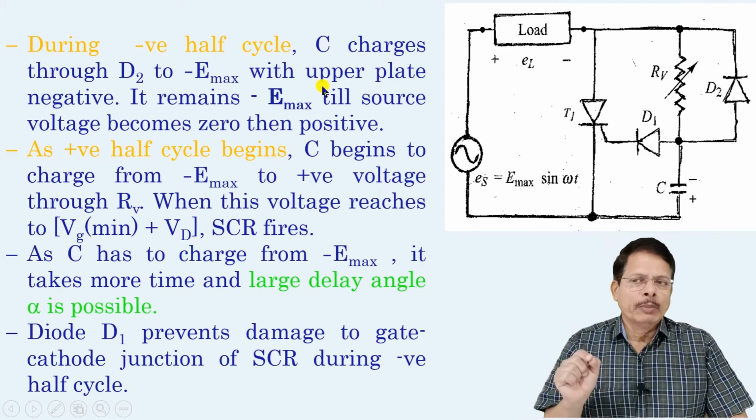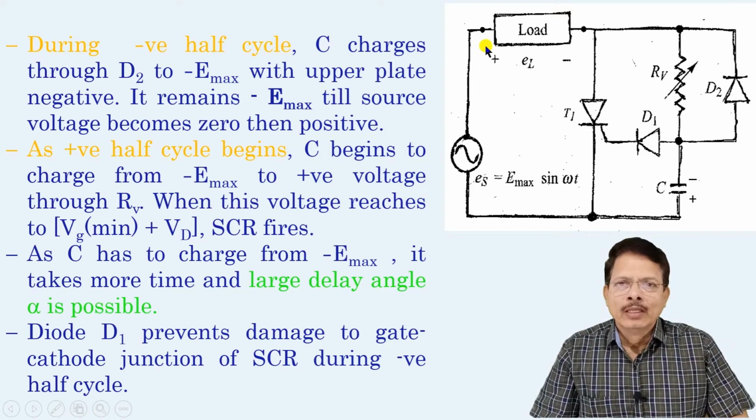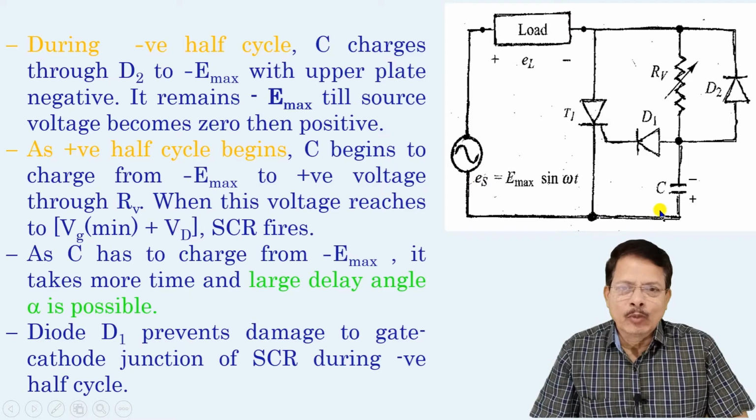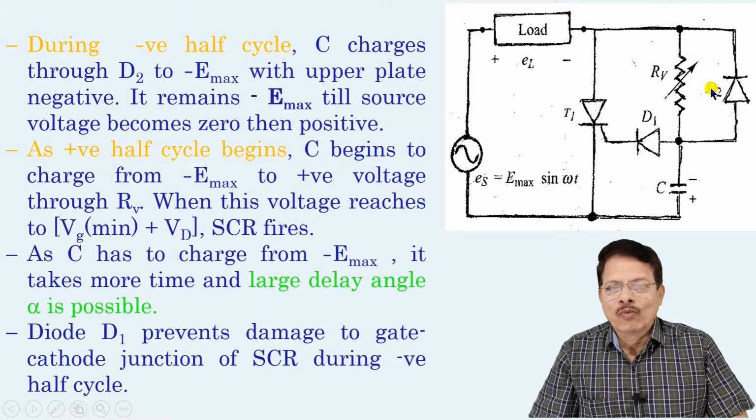During the negative half cycle, the upper terminal will be negative and the lower terminal will be positive. Going up through the load, then the variable resistor, and then this is the negative terminal, that is the positive terminal. So this diode D2 gets forward biased during the negative half cycle of the supply.